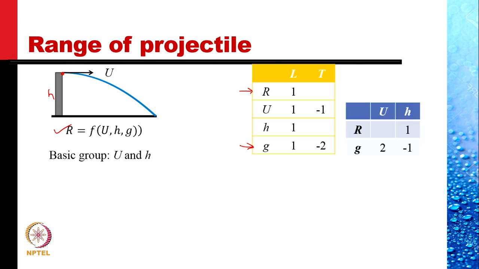Using this, we get the dimension of R in terms of u and h as h, and for g as u square divided by h. So our functional relationship would have 2 pi's, R by H and u square by g h. So R by H, the dependent one, can be written as a function of u square by g h.